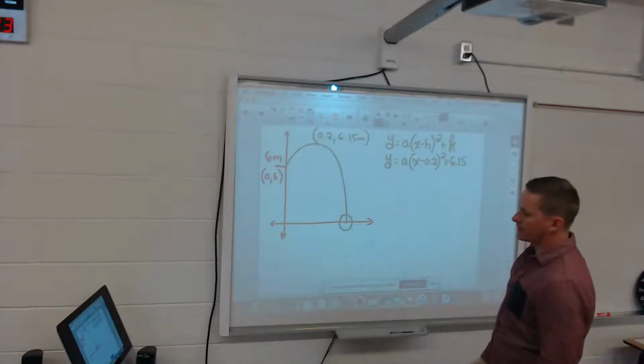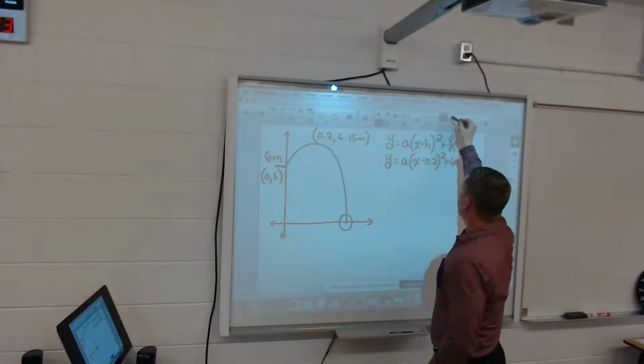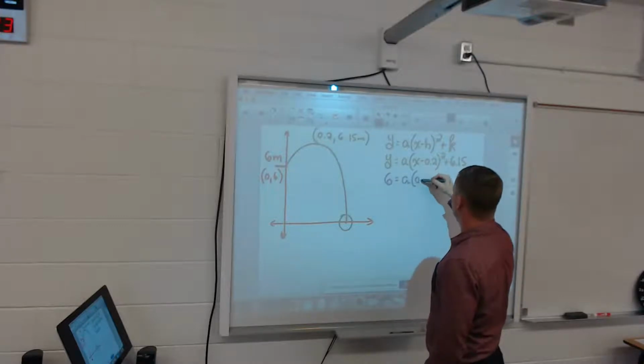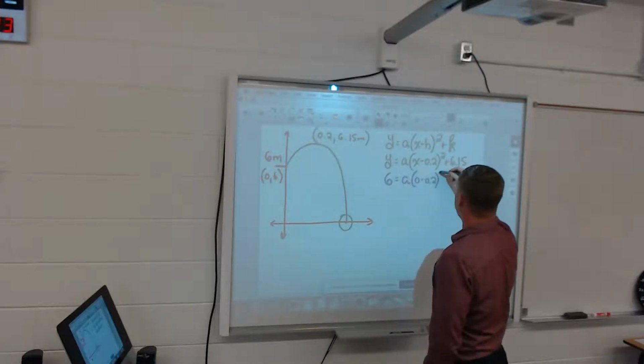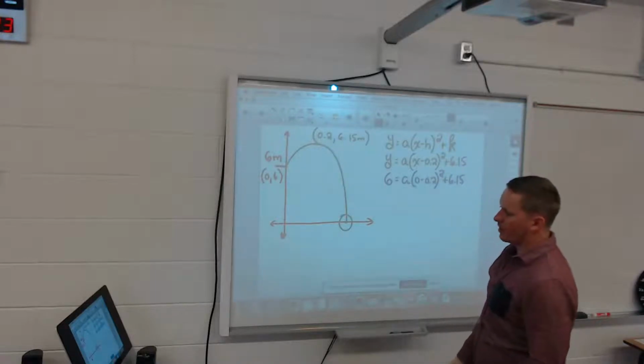I have the vertex, so I plug it in. So now I need to find an A value. To find my A value, I'm going to use my y-intercept. And I'm going to solve this.